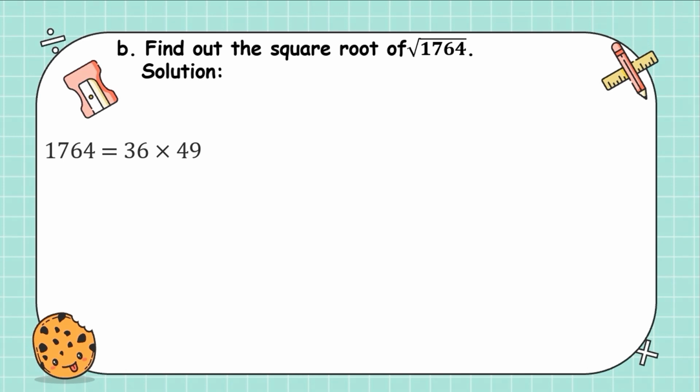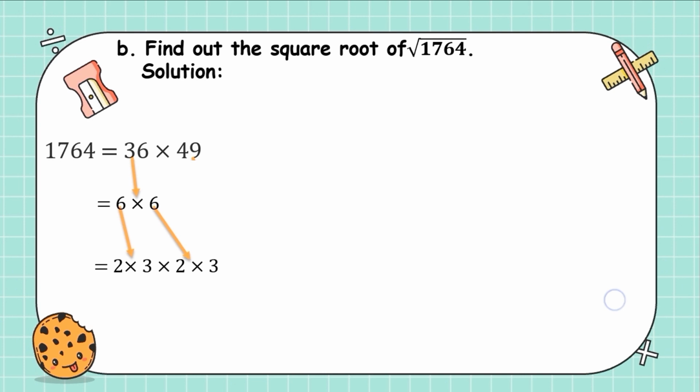We break down 36, then we've got 6 times 6. Then 6 is also not a prime number, but if we break it down, we've got 2 times 3 is equal to 6.